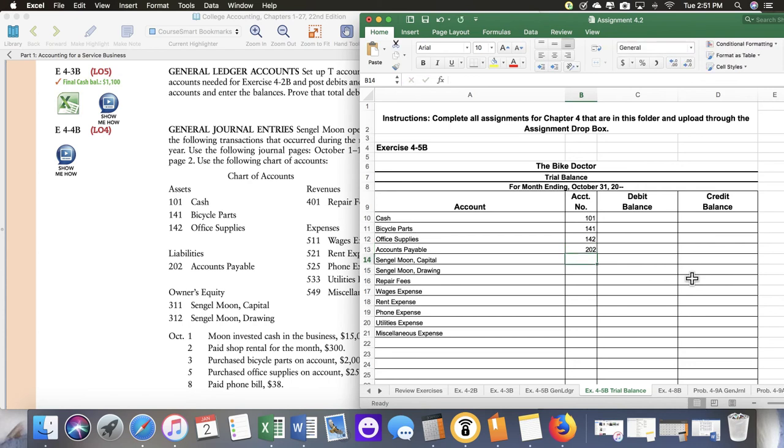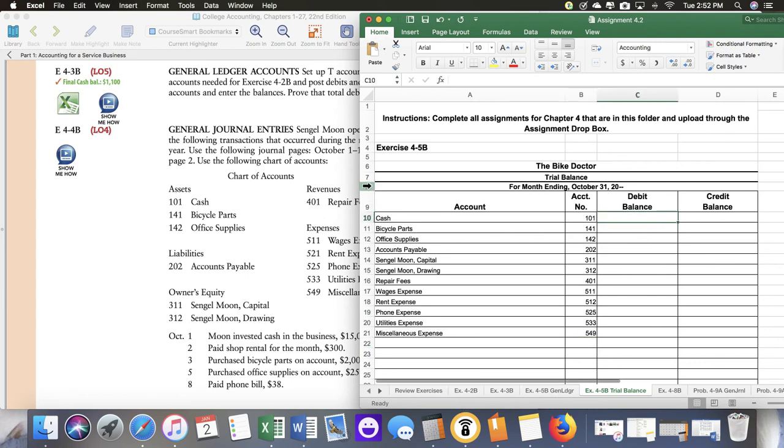Liabilities are always going to start in the 200s, owner's equity is going to be 300s, and your expenses are going to be 500s with any revenue account in the 400s. That is just so every company is consistent. Okay, so now we have the first part of the trial balance done.